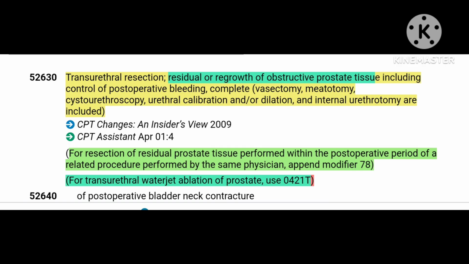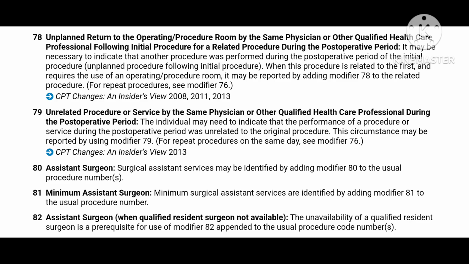What is 79? Tell me the difference between 78 and 79. Yes, 78 says it's a related procedure. 79 says it's an unrelated procedure. For example, I did some treatment for fracture for the patient. I did a surgery and did some fracture fixation. But during the post-operative period, patient had a heart attack.